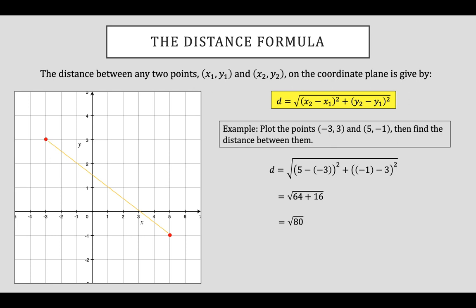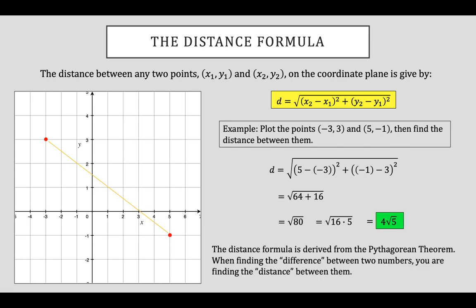Well, 80 is the same thing as 16 times 5. Using our properties of exponents and properties of square roots, we can take the square root of 16, which is 4. That becomes 4 times the square root of 5 for our final answer.